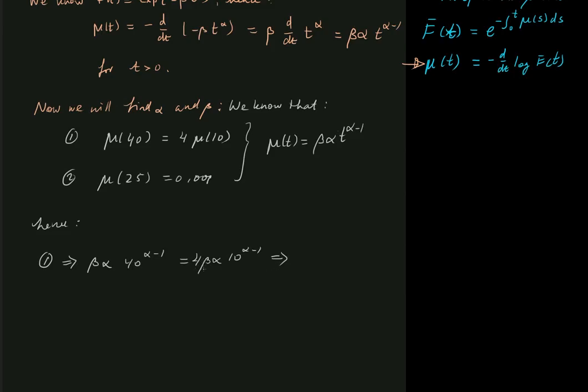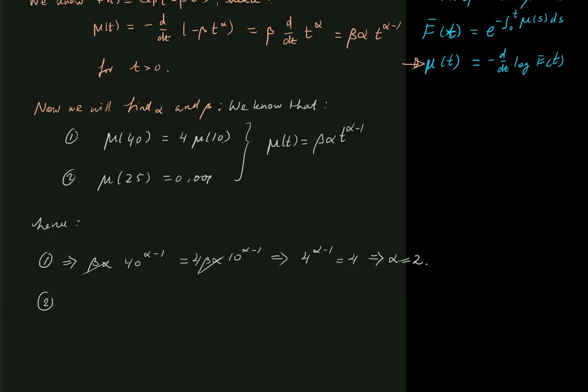And this means, well, let's take a look at this. The beta and alpha cancel out, and I can divide by 10 to the alpha minus 1 over here, in which case I will have 4 to the alpha minus 1 is equal to 4. And this quite clearly points out to me that alpha minus 1 should be equal to 1, because you can't take 4 to any other power that just results in 4 being itself. So that means that alpha is equal to 2. So that part is done.